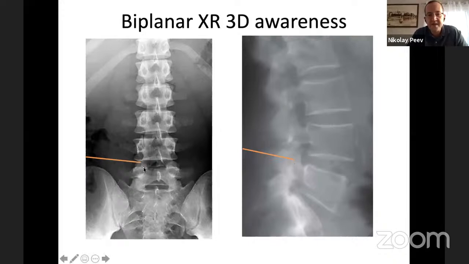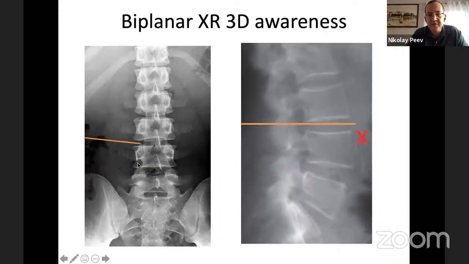And on the left-hand side, you have to see that you are just entering, ideally just entering or just before entering the foramen. However, if you progress and if you see this picture on AP, that is a good AP picture, but if that is your lateral projection, this is obviously something that should concern you.